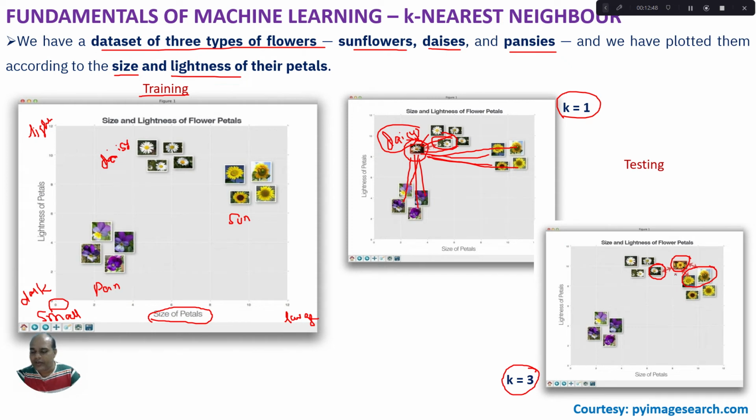So here I take the label with the majority voting. The majority voting is coming for the sunflower category. So this new data point will be assigned the sunflower label. That is how a prediction is made by the k nearest neighbor algorithm.